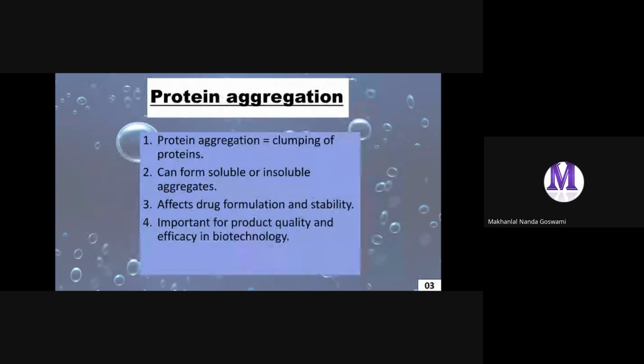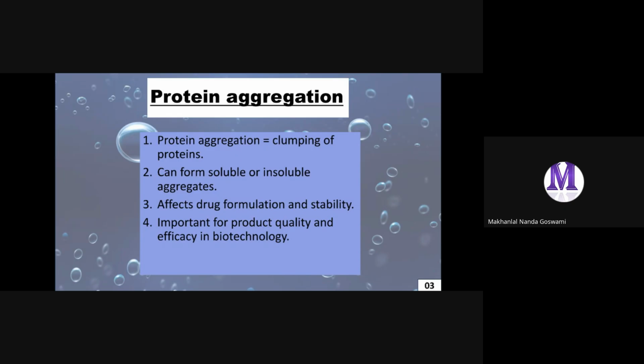So next slide, protein aggregation. Actually, protein aggregation refers to the phenomenon where proteins misfold and clump together, either forming soluble or insoluble aggregates. This process can occur naturally within cells or result from certain industrial biotechnology processes. Importantly, protein aggregates can play a harmful role in the context of disease, especially neurodegenerative disorders.